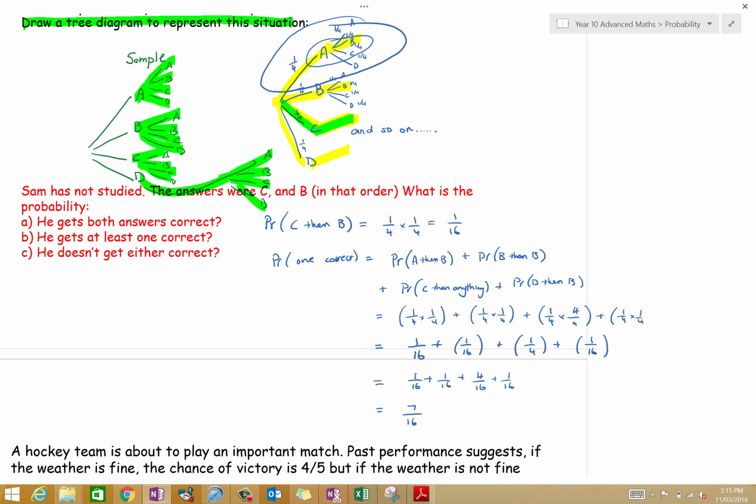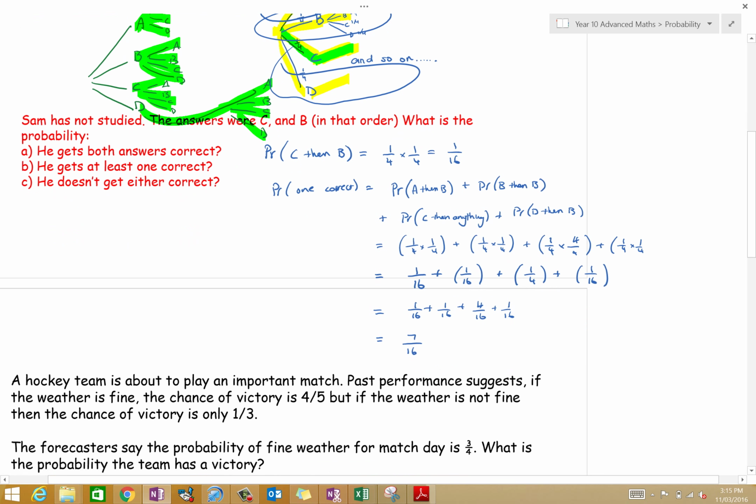What about the second one? If he chooses B, there's also 3. If he chooses C, there's no way you can choose C first. So there's only a total of 3 and 3. And then in D, he's got another 3.